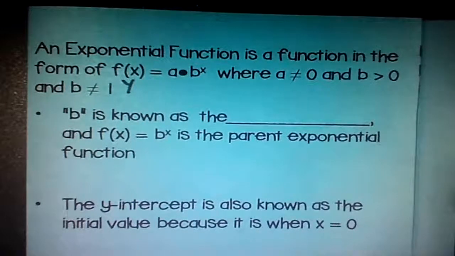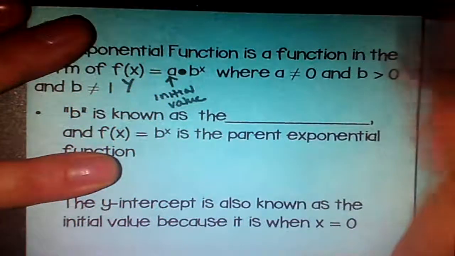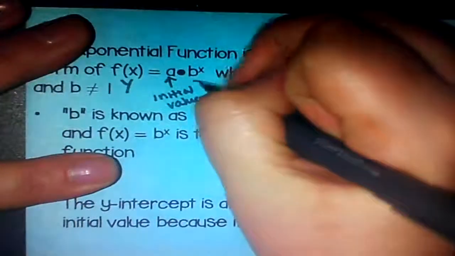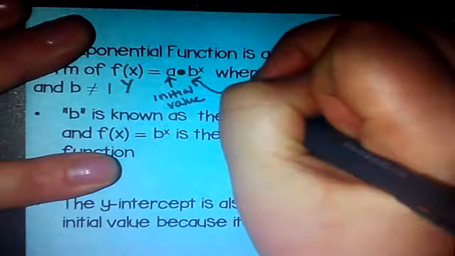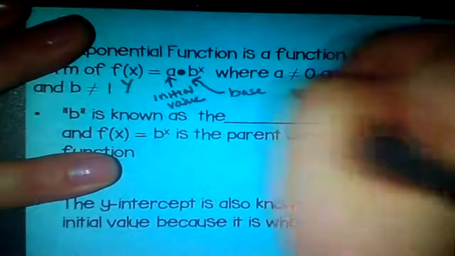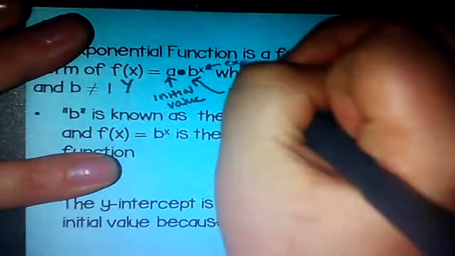Exponential. We're looking at exponents. So a is now going to be your initial value. B is your base or your multiplier. And x is your exponent.